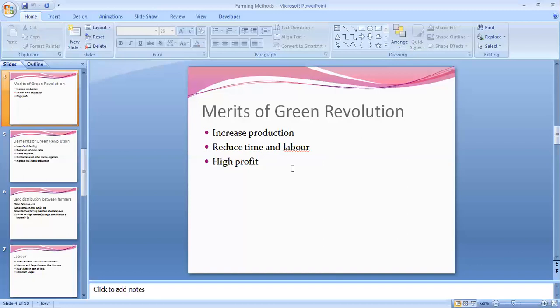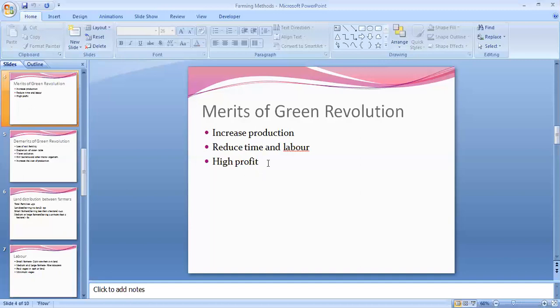Now, the third merit of the Green Revolution is high profit. Higher yields enabled farmers to sell the surplus food in the market to earn more money.